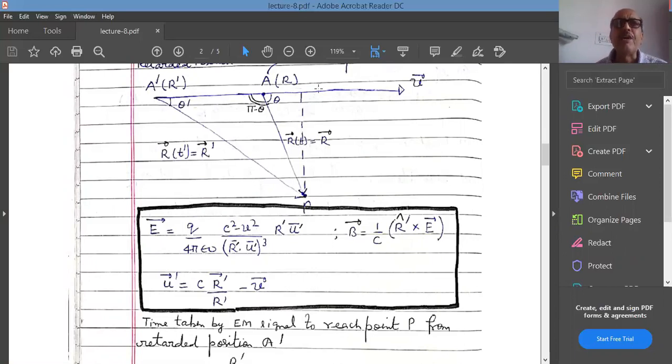So this becomes equal to V into R dash upon C.